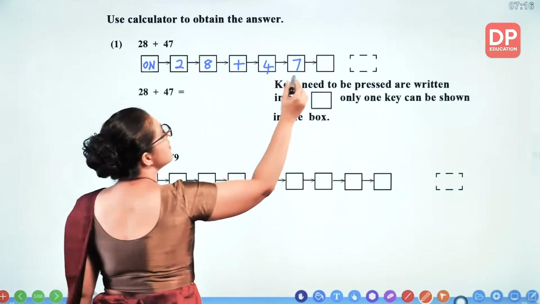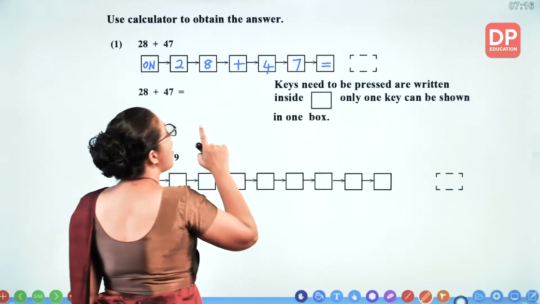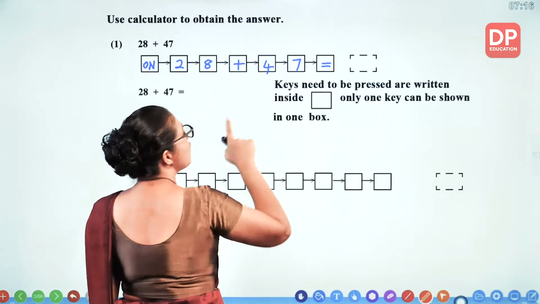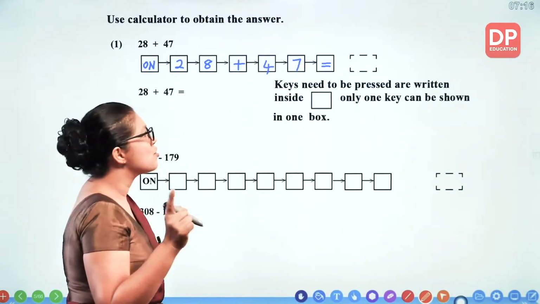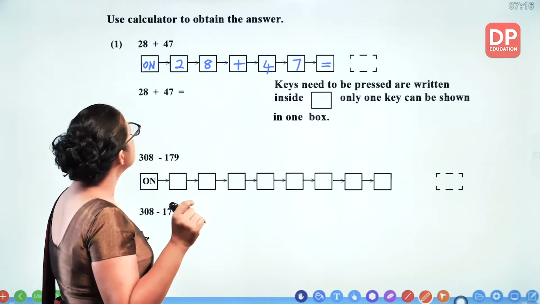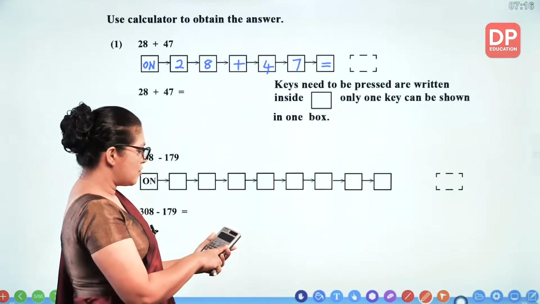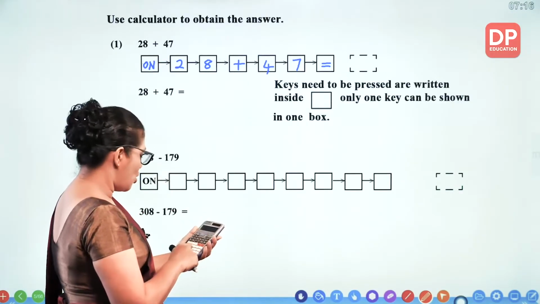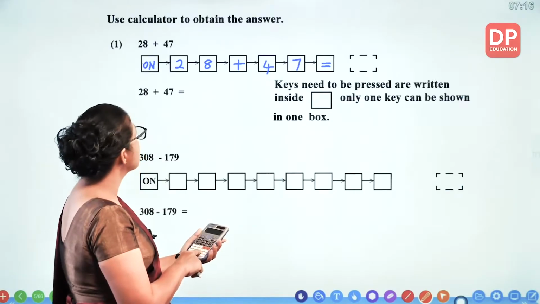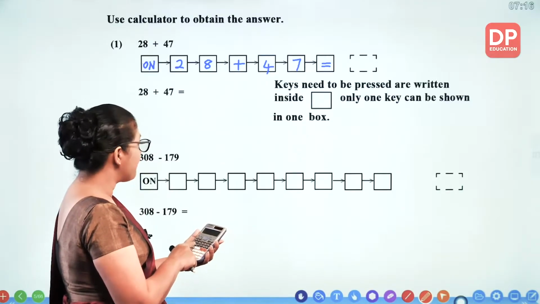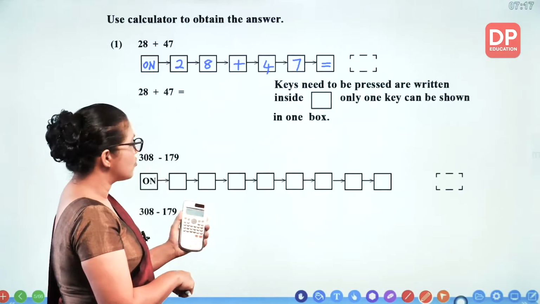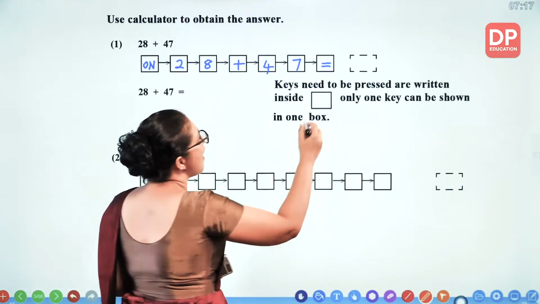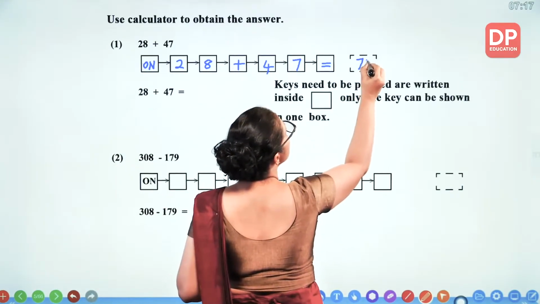And then the equal button. So after all these operations, you have to press the equal button to get the answer. So we'll see how we get the answer. Switch on the calculator. 2, 8 plus 4, 7 equals. So I am getting 75. So you write 75 is the answer.